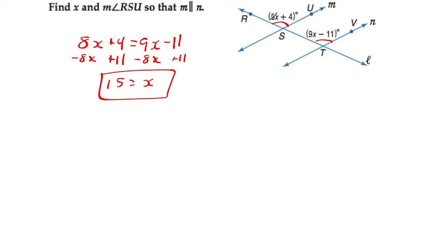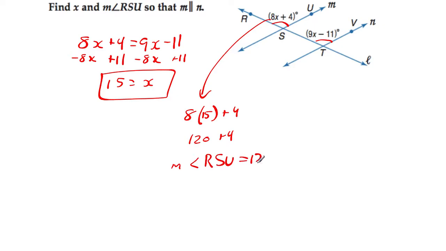Well, what's RSU? That would be 8 times 15 plus 4. 8 times 15 is 120, I think. Let me just double check, right? So, yep, 120. So if I add 4, I get that measure of angle RSU is equal to 124.